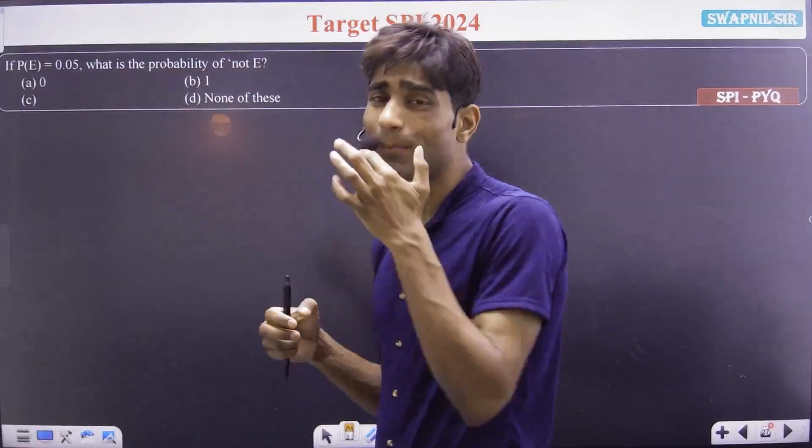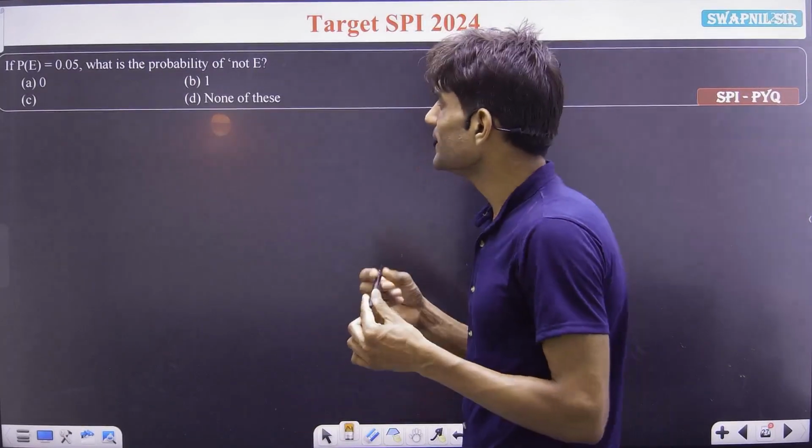In our next question, the probability of event E is given as 0.05.